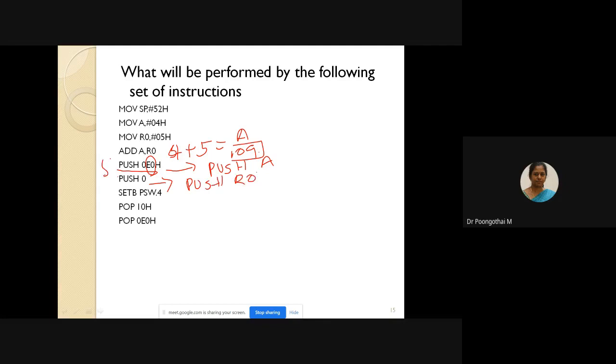The first two use the default stack area, and next PSW.4 is set to 1, so the bank selection will be different based on PSW bits 4 and 3. After that, you pop that value into 10, an internal RAM memory location, and pop your stack value into E0, that is your accumulator. So find out the answer.